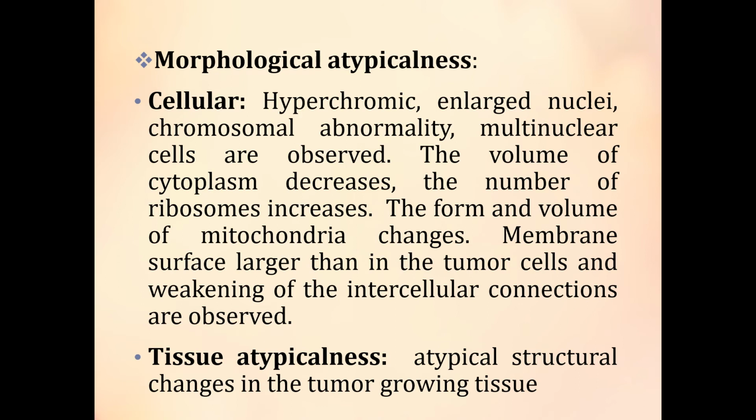In tissue atypicalness, we observe atypical structural changes in the tumor tissue. It should be noted that tissue atypicalness refers to benign tumors, but in malignant tumors we observe both cellular and tissue atypicalness together.